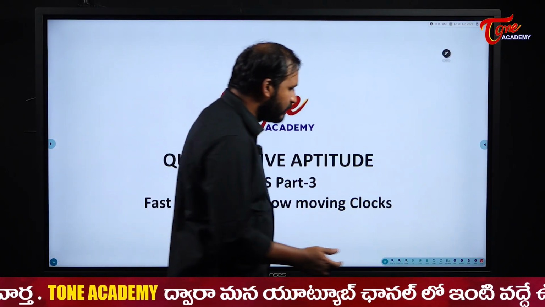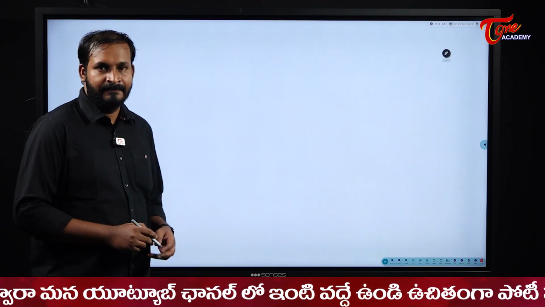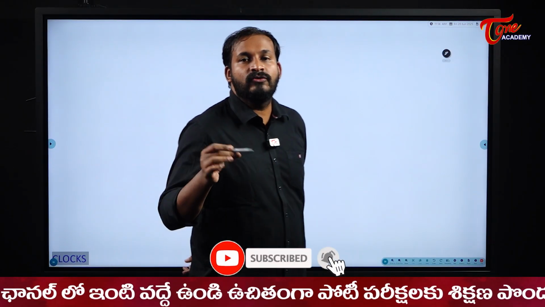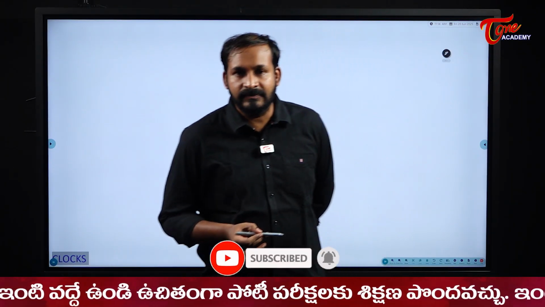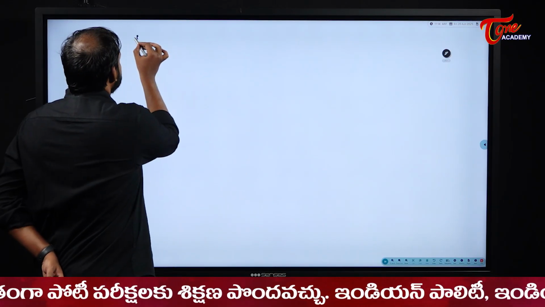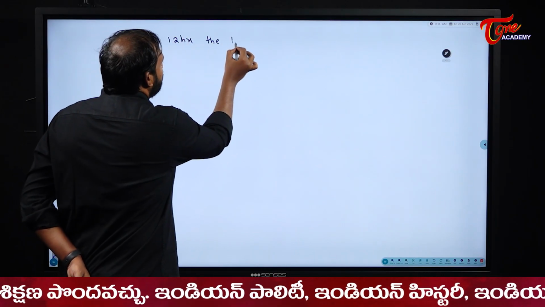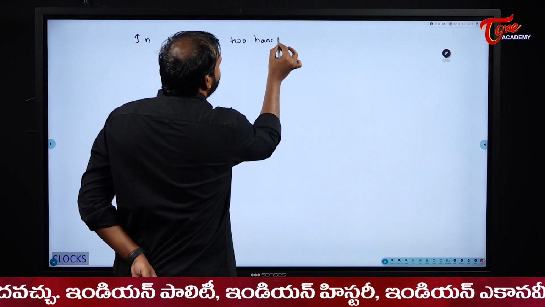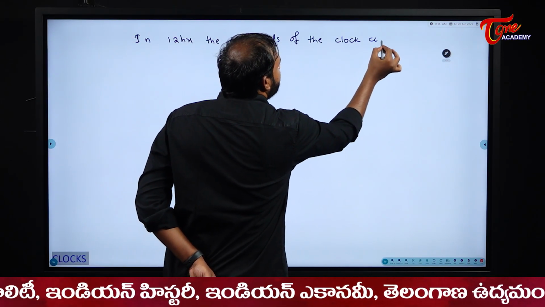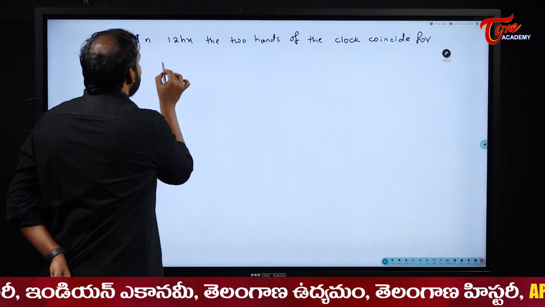First, before we see how this fast moving and slow moving clocks concept was derived, we need to understand something. We all know in 12 hours, the two hands of the clock will coincide how many times? In our last video, we discussed this. They coincide 11 times.